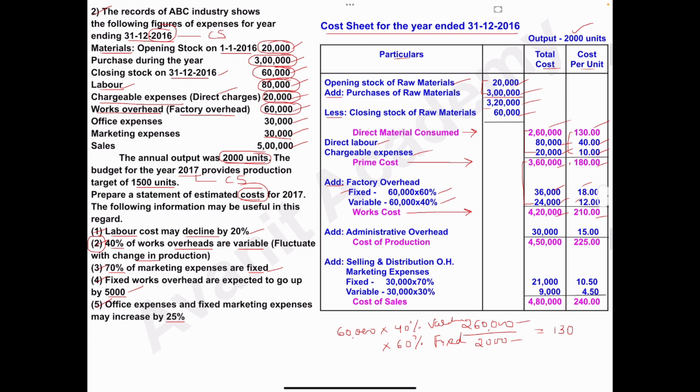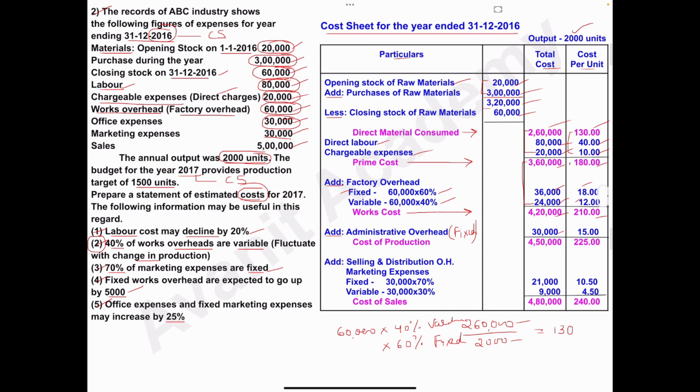Add administrative overhead or office overhead. Office expenses amount is 30,000. The administrative overhead will be fixed. Okay, right here, this is fixed. So the amount is 30,000 in the total cost column.